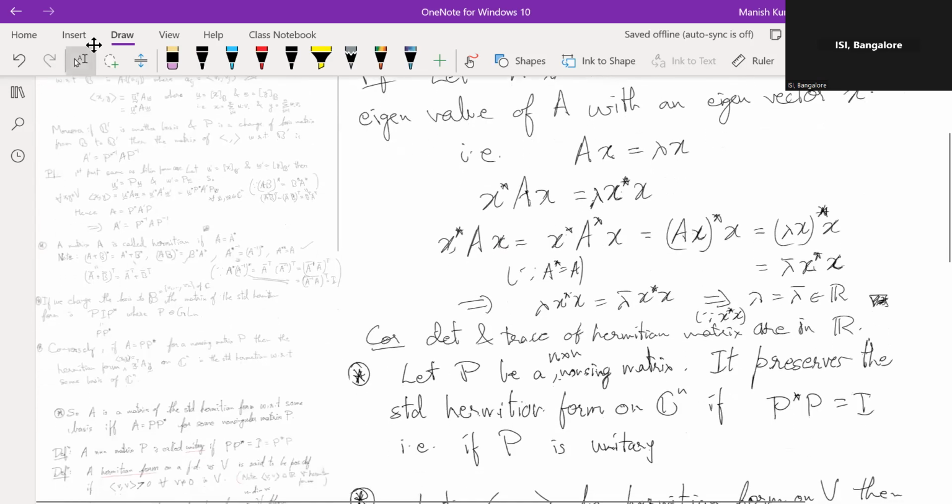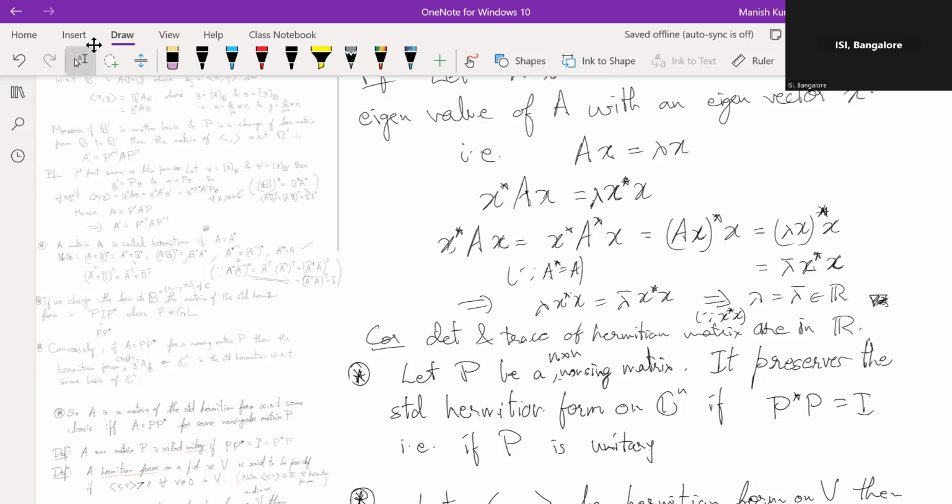Now let P be an n cross n non-singular matrix, and suppose it preserves the standard Hermitian form on C^n. This is what I was telling you about unitary matrices. If it preserves the standard Hermitian form on C^n, then the change of basis matrix does not change the Hermitian form; it is still given by the identity matrix.